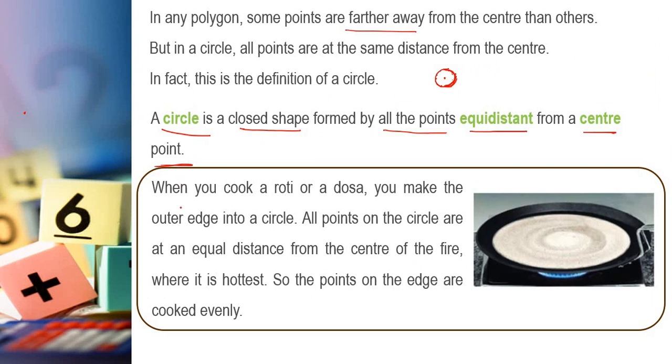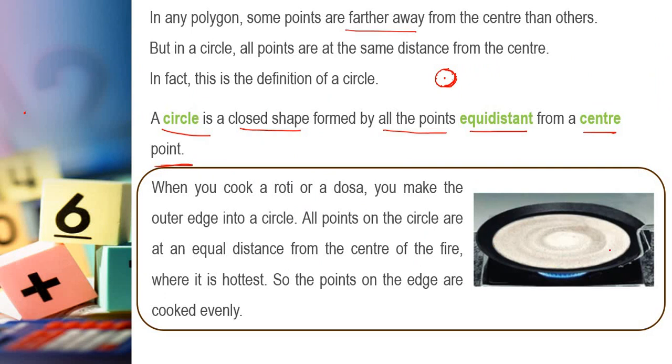For example, when you cook a roti or a dosa, your mother used to cook roti and dosa, children? Yes. Is that your favorite dish? Right. When you cook a roti or a dosa, you make the outer edge into a circle. Did you observe that when your mother cooked roti or dosa?